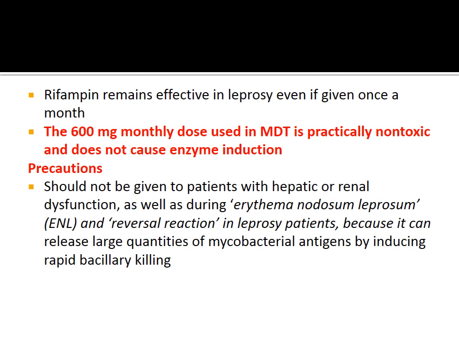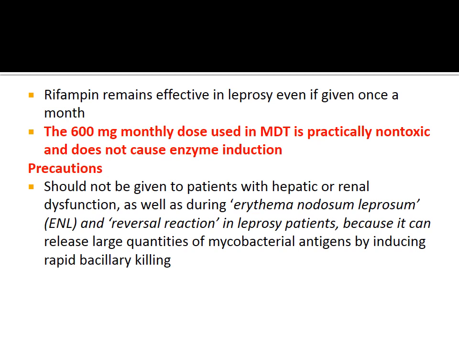because of the bactericidal property of rifampicin, it can release large quantities of mycobacterial antigens by inducing rapid bacillary killing. What is the meaning of this? When we kill the Mycobacterium leprae, the antigens which are present inside those bacteria, meaning their endotoxin or exotoxins or other body parts, can be released in the surrounding medium and they can give rise to hypersensitivity reactions, and those are the lepra reactions.